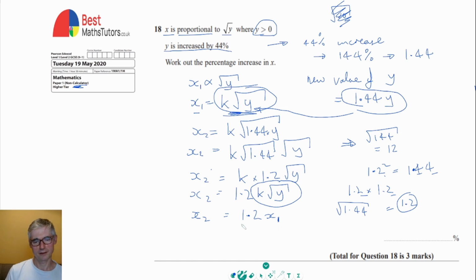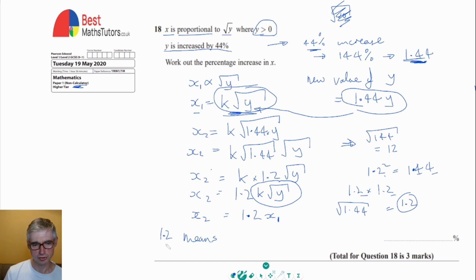So that is a way of increasing something in a similar way to how we did this. To increase by 44%, we'd have a multiplier of 1.44. 1.2 means a 20% increase, because that's the decimal, 1.2.